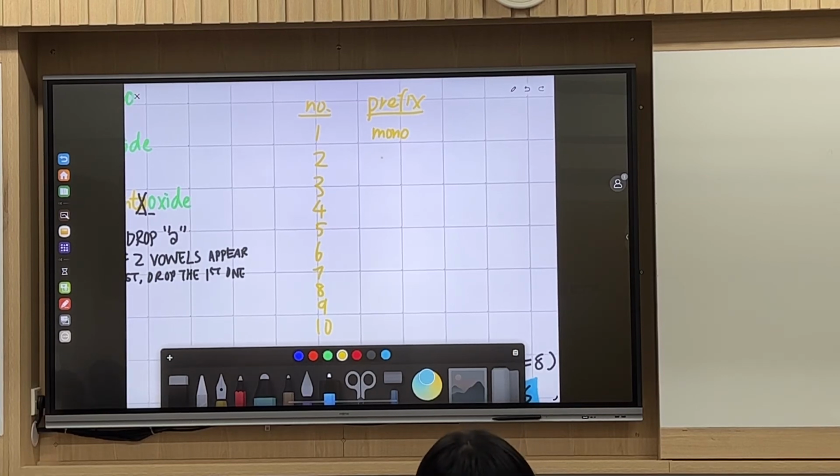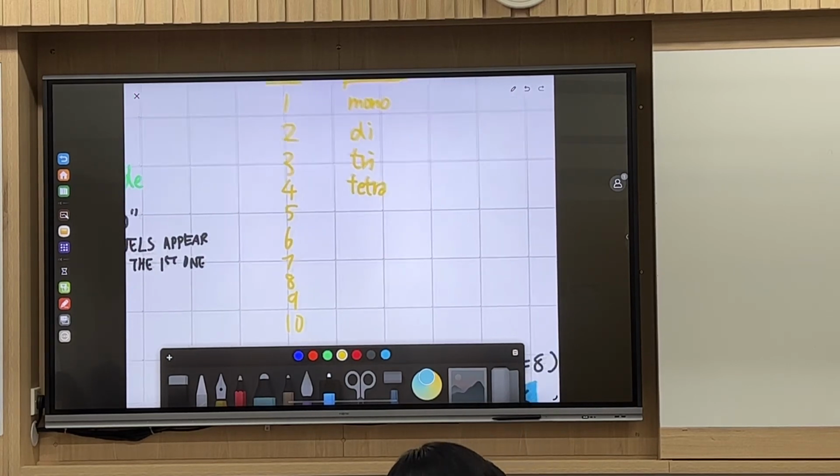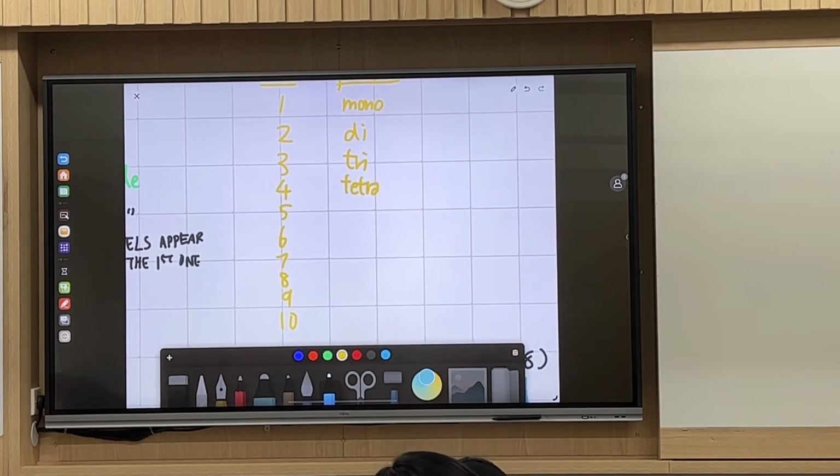So you have mono, di, tri, tetra. Starting from 5, you should know this because you learned this in geometry class: penta, hexa, hepta, octa, octopus. Everybody knows octopus, 8 tentacles. Nona, deca. That's it.